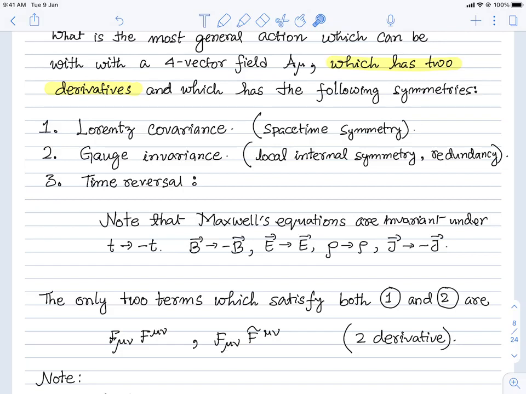In terms of this dimensionless small parameter, the ratio of these two length scales, these higher derivative terms are suppressed. And experimentally, we have not seen any signature of these higher derivative terms in whatever distance we have probed so far.